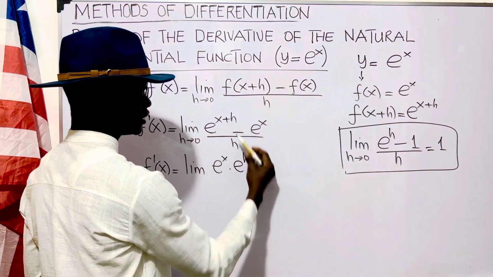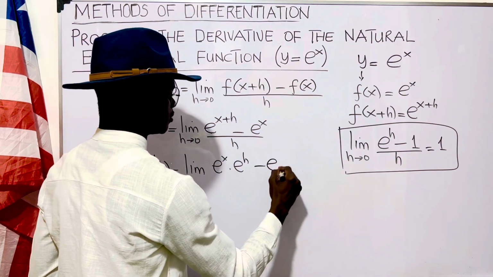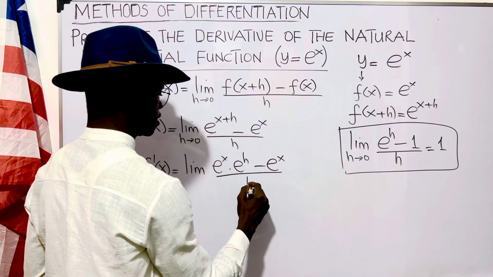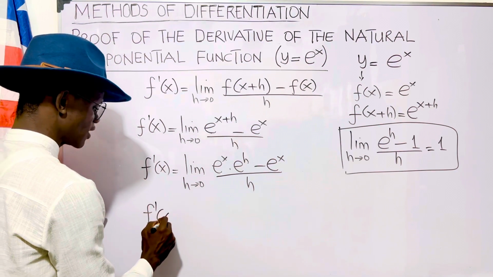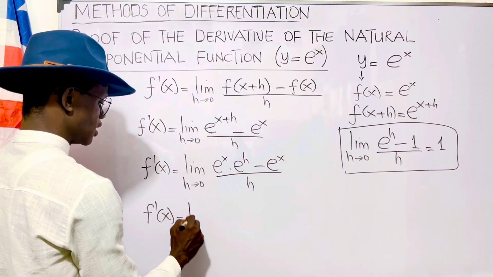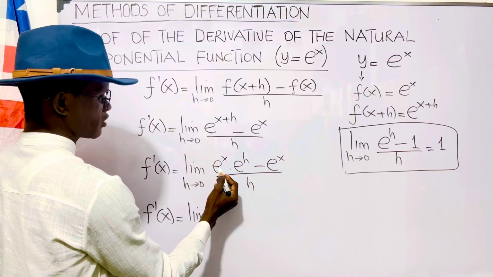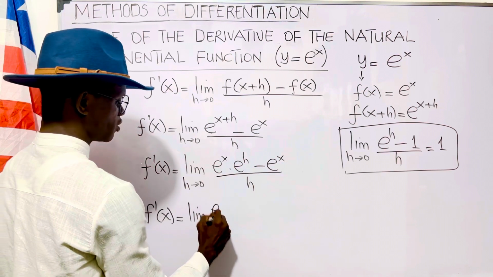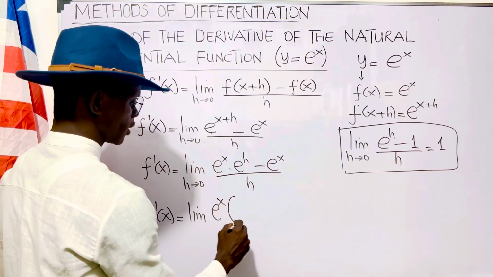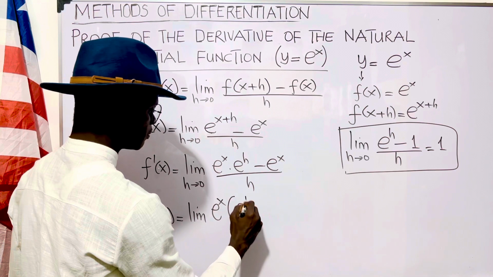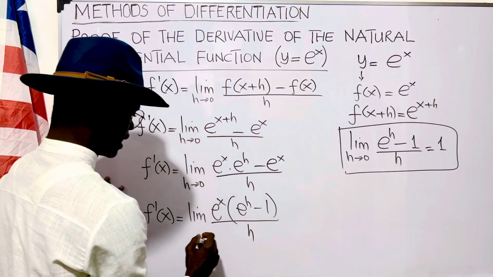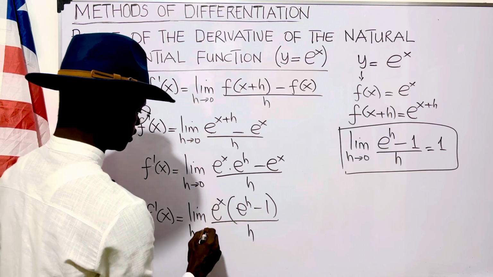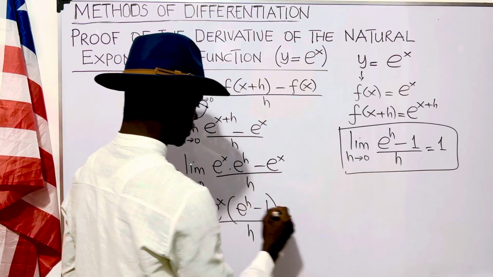So this can be rewritten as this minus e raised to the power x all over h as h is approaching 0. So f prime of x now becomes the limit. We can factor out e raised to the power x, and then what will be left here is e raised to the power h minus 1 all over h as h is approaching 0.